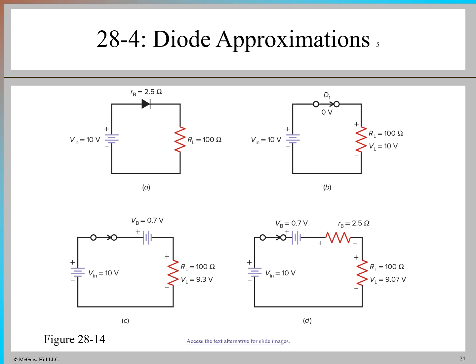Figure C, the second approximation. Here the diode is treated as an ideal diode in series with a 0.7 volt battery for forward bias, while reverse bias still results in an open switch. Figure D, the third approximation, is the most detailed approximation, including bulk resistance in forward bias and leakage current in reverse bias.